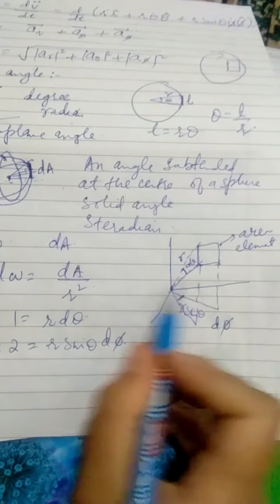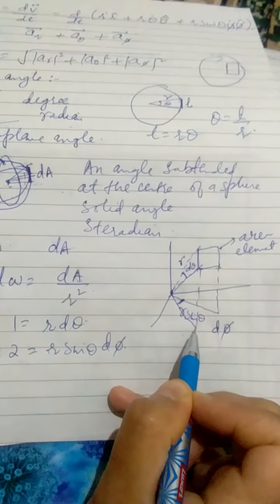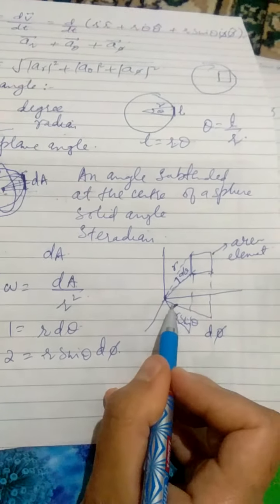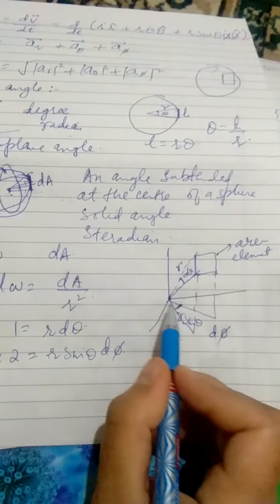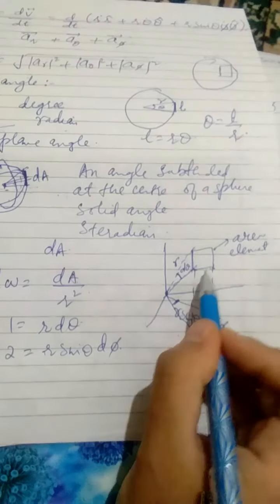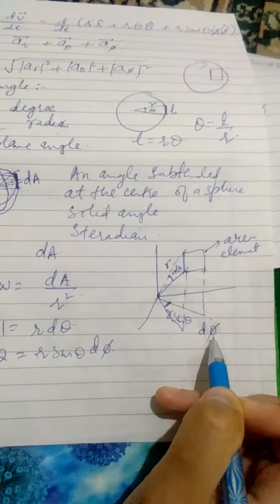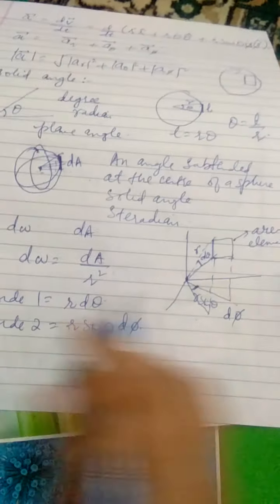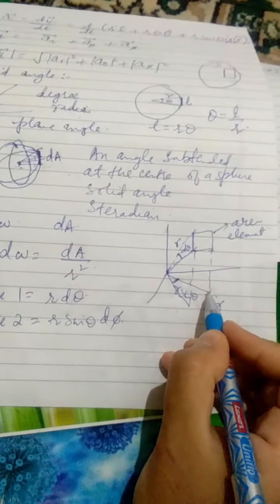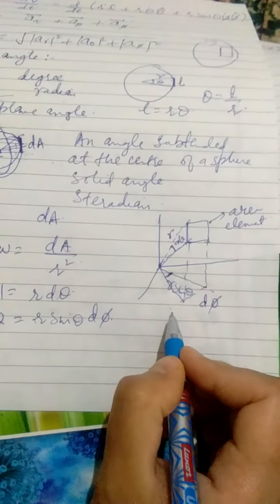It is that vector in this plane. Now this r sine theta is subtending a certain angle in this plane, and for a small length we can imagine this angle to be d phi. Therefore we say that this length is r sine theta d phi.